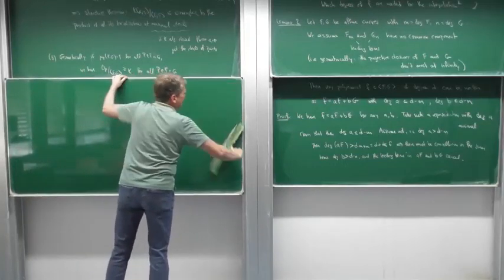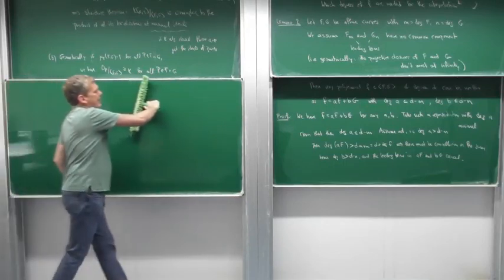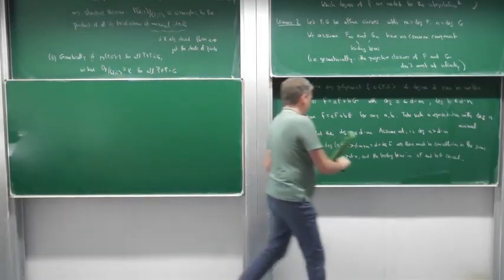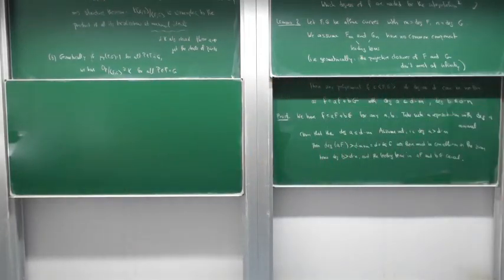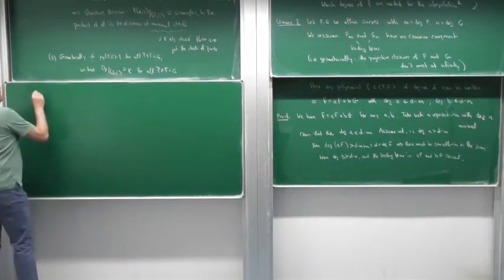Let's have a look at the leading terms. For F and G, they are Fm and Gn. That's how we call them. And let's introduce a name for the leading terms of A and B. Let's call them A star and B star.